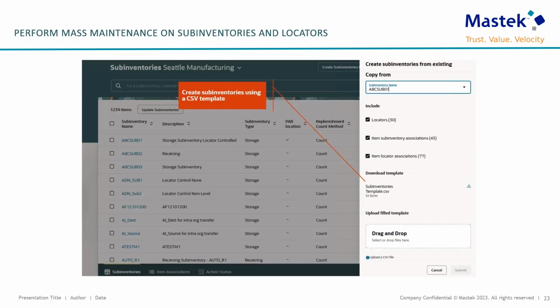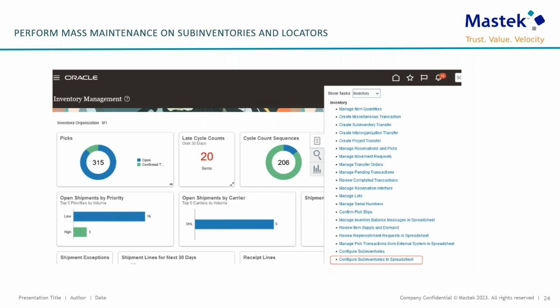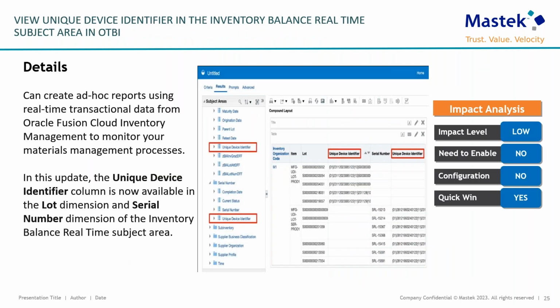So now moving to the next one: view unique device identifier in the inventory balance real time. With this feature, this will be available in our OTBI subject area, where we can see a unique device identifier column for a lot and a serial number.